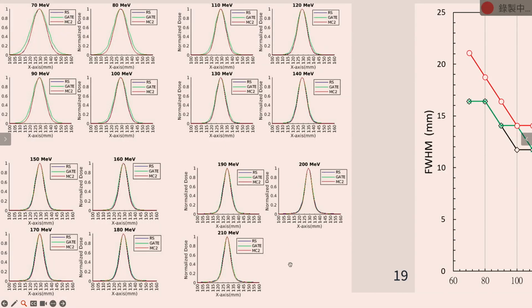The differences are because they have different calculation models between GATE and MC². But as we can see, RayStation and MC² are quite the same. So it means MC² is suitable for clinical use software.